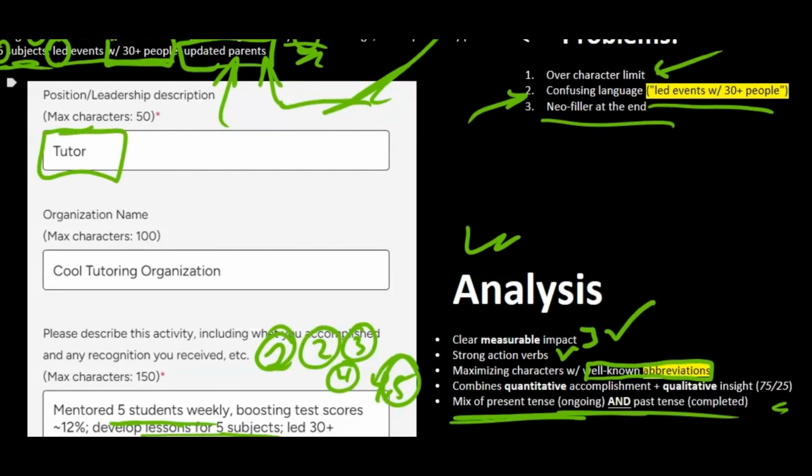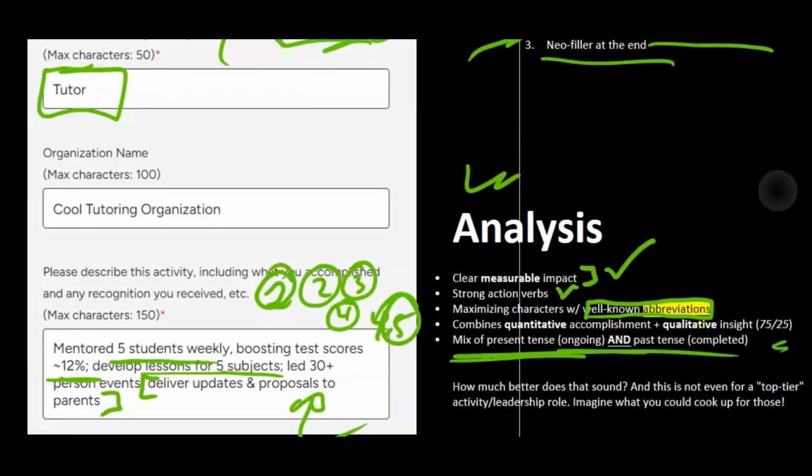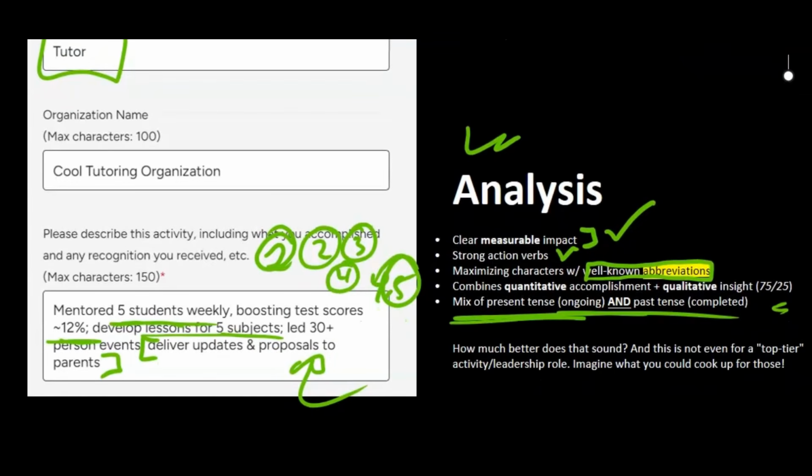So I would say tutoring is a much more accessible extracurricular than other things like making your own business or organization or internship or anything like that. And so if I can make something like being a tutor have all of this impact, right? Think about what we can actually do with higher tier activities, right?